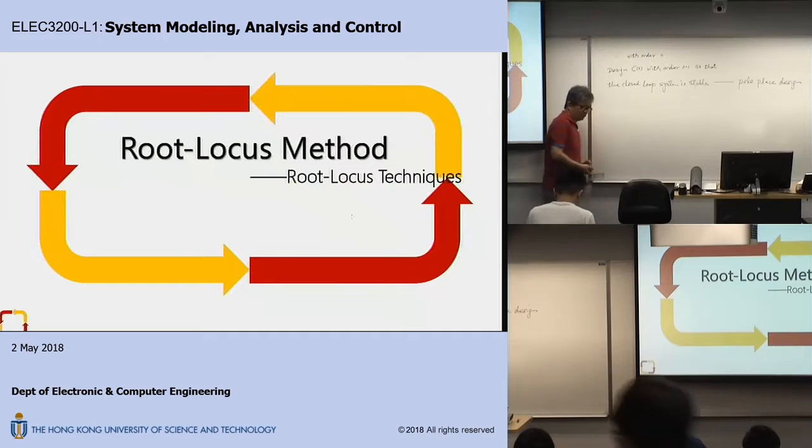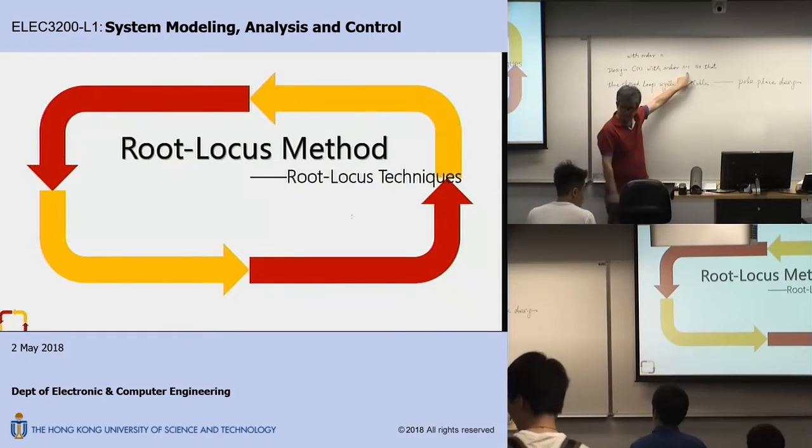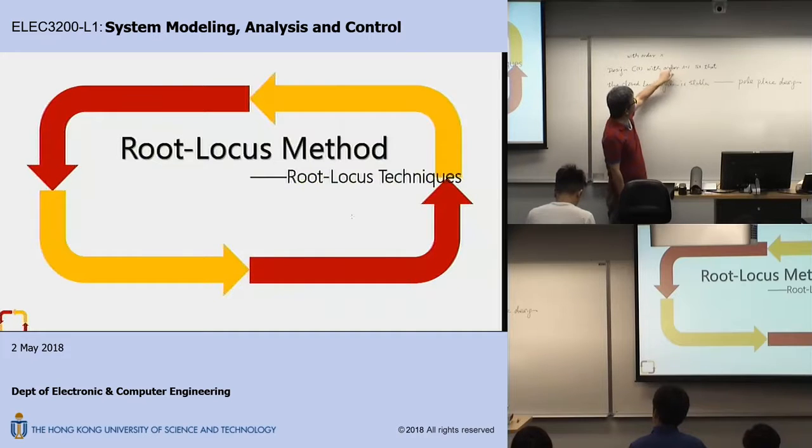What if we say, we know that this order actually is the lowest order, so that you can do arbitrary pole placement.